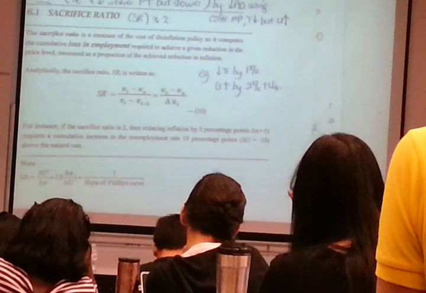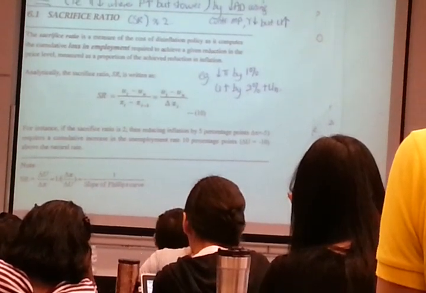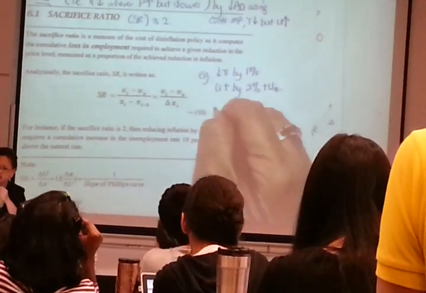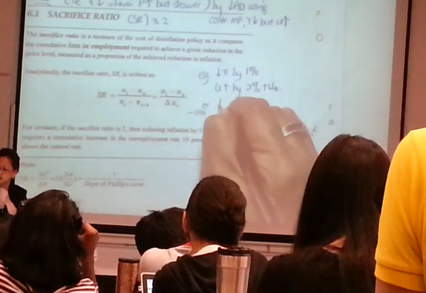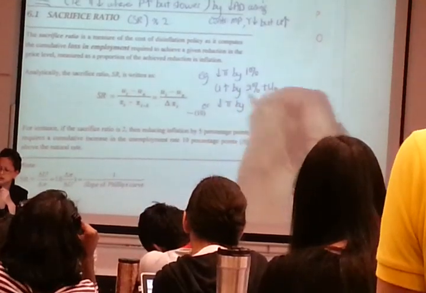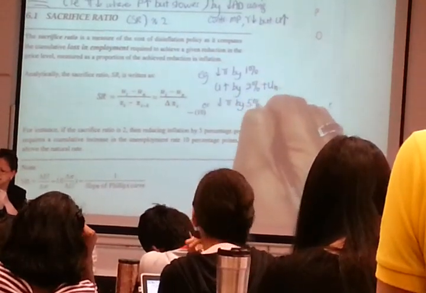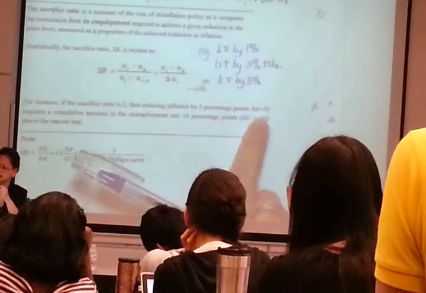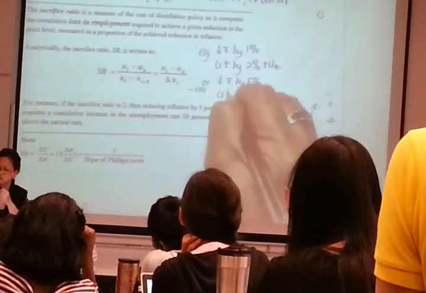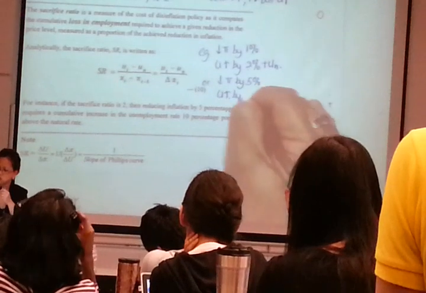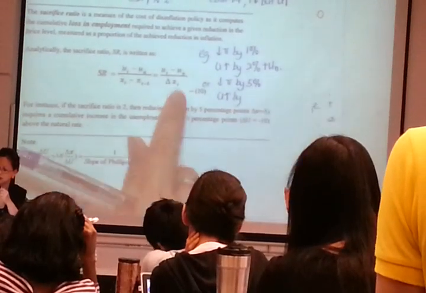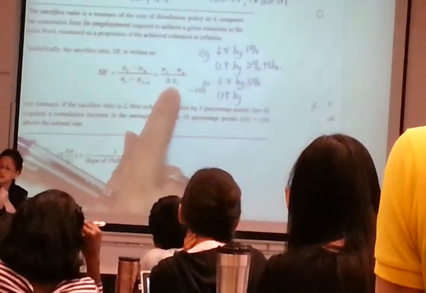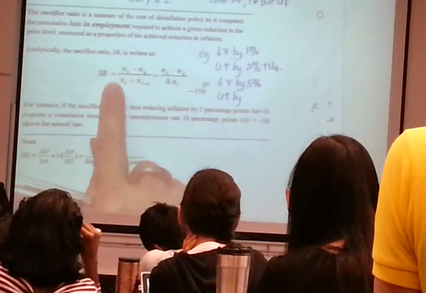So it's 2 times the change in pi. Now, or if you think inflation is so serious, you want to cut it down by 5%, as given here, then you can see unemployment will go up by 2 times of it.